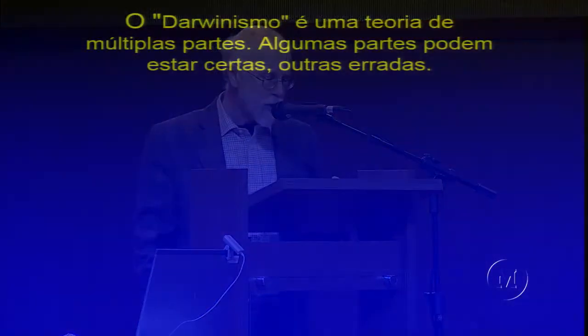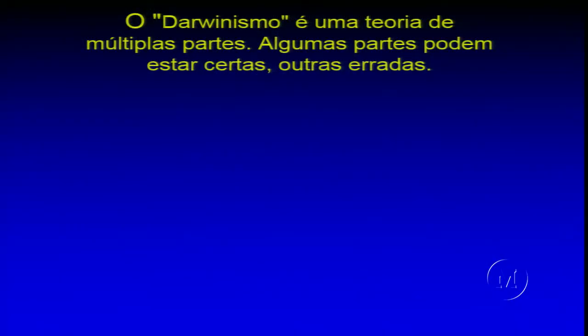And to begin with, I want to make some distinctions about evolution that are really critical to understanding the argument. And that is that Darwinism, Darwin's theory, is a multi-part theory. It's got several different ideas, several different concepts all bound up in it.